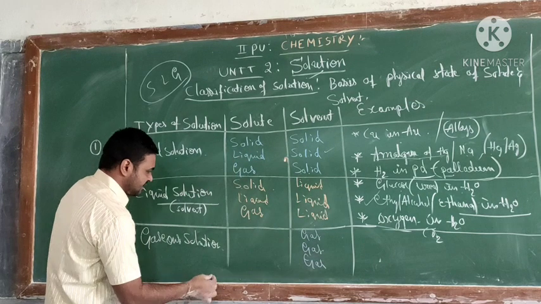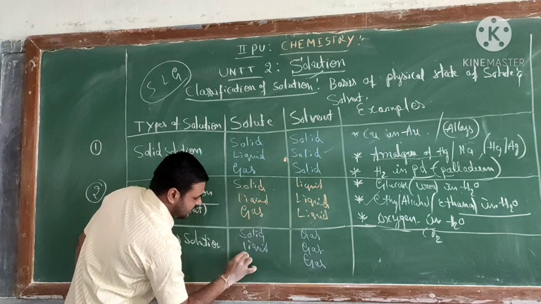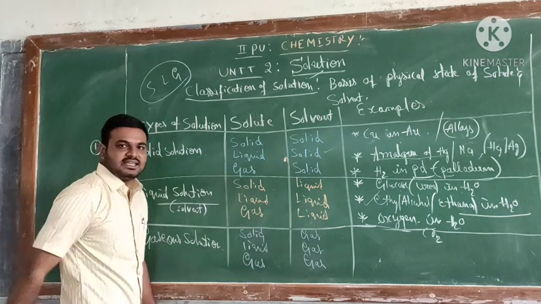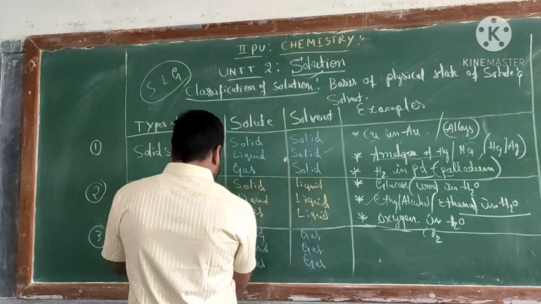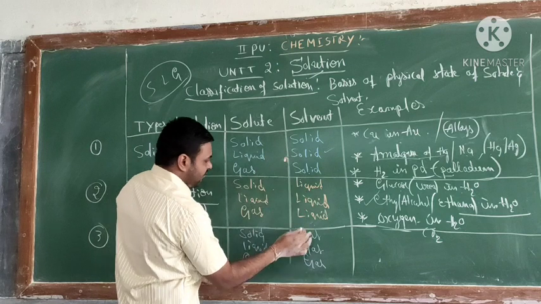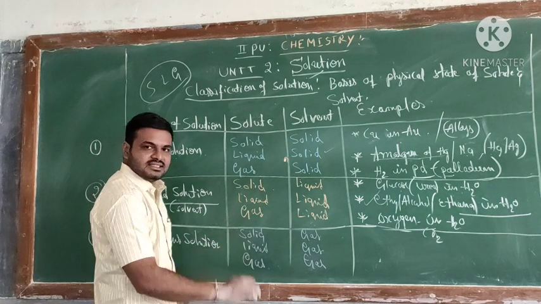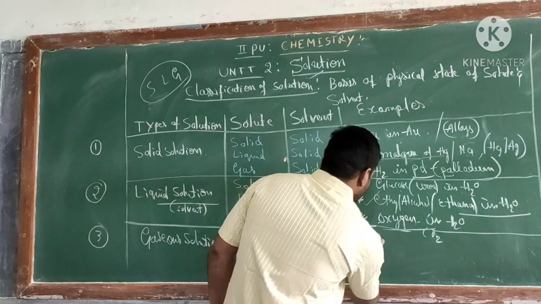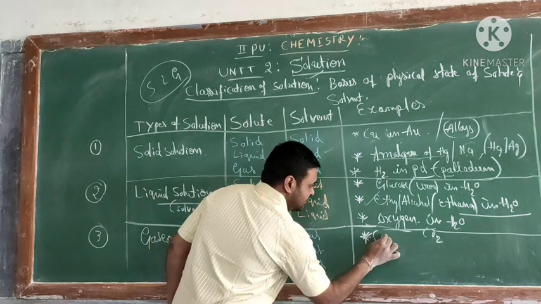First we consider the solute as solid, liquid and gas. Clear? What are the examples in a gaseous solution where the solvent is gas and the solute is solid? The first one is camphor.